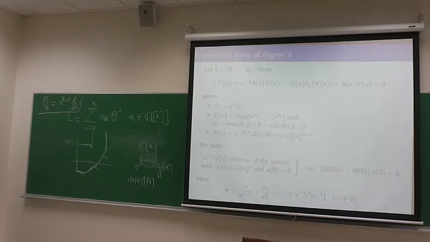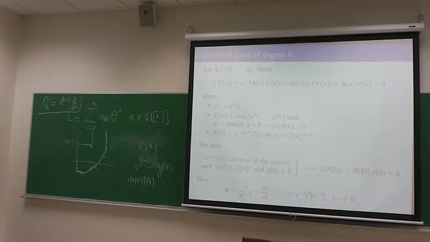Okay? Then it is easy to see that if you have a formal local solution of this form, exponential integral of w, z of x, with w a polynomial in 1 over x of degree at most k plus 1, then when you plug this in the system, you get this necessary condition that D of 0 times alpha, this term here, plus N of 0, applied to z0 must be equal to 0.